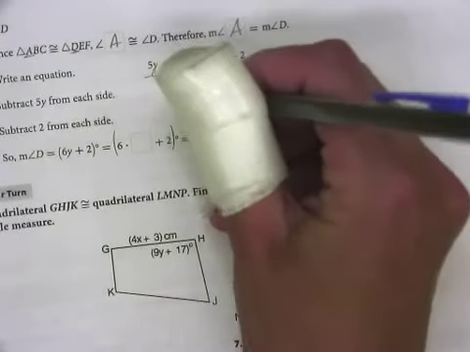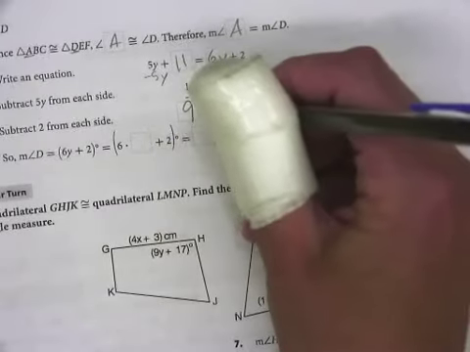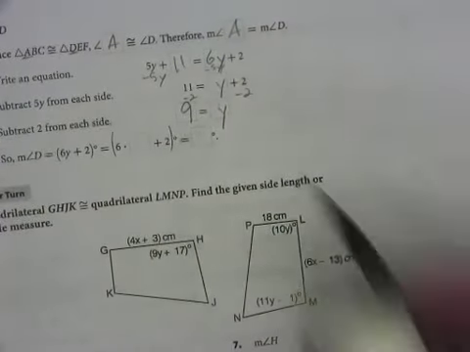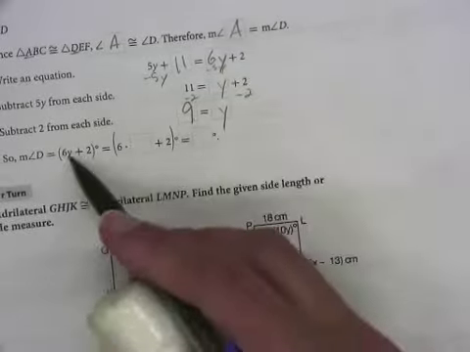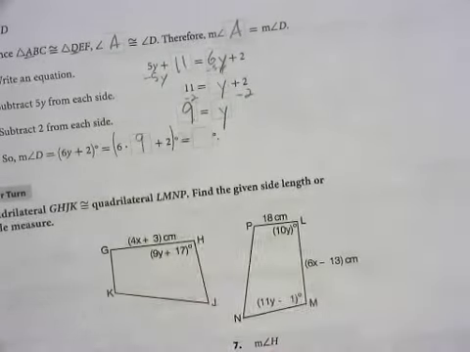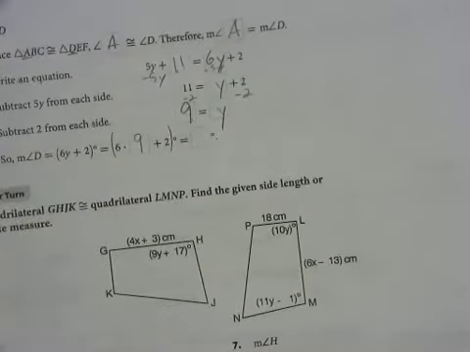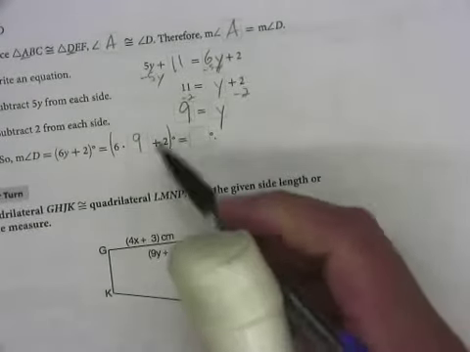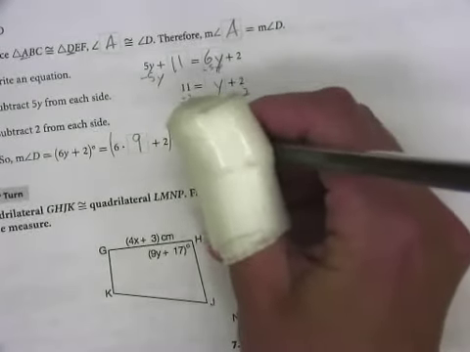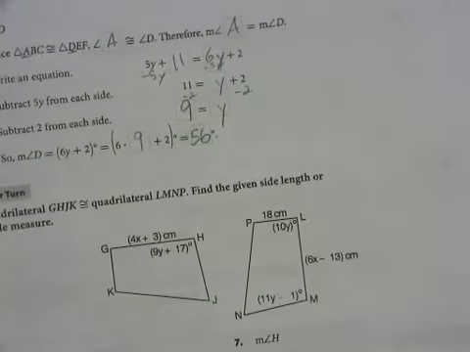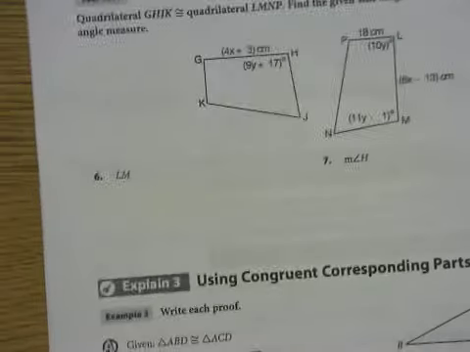Then they're saying subtract 2 from both sides. So when I subtract 2 here and subtract 2 there, I get that 9 equals y. So we take that value of y and substitute it in for y here, and then evaluate it. 6 times 9 is 54, plus 2 is 56.